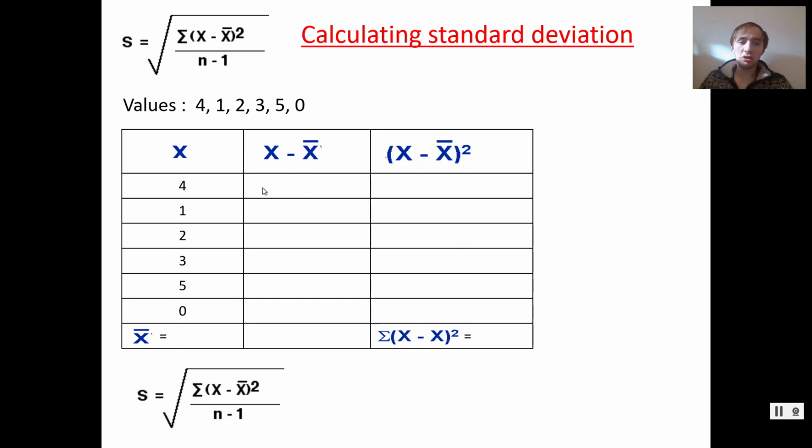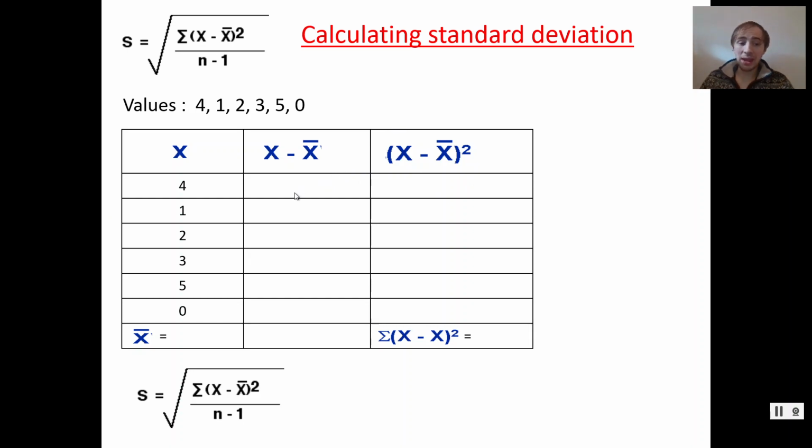So this here should say 1.5 because you've done 4 minus the mean. You then square that. 1.5 squared is 2.25. I'm hoping I've done my mental maths correctly there. So that should say 2.25.